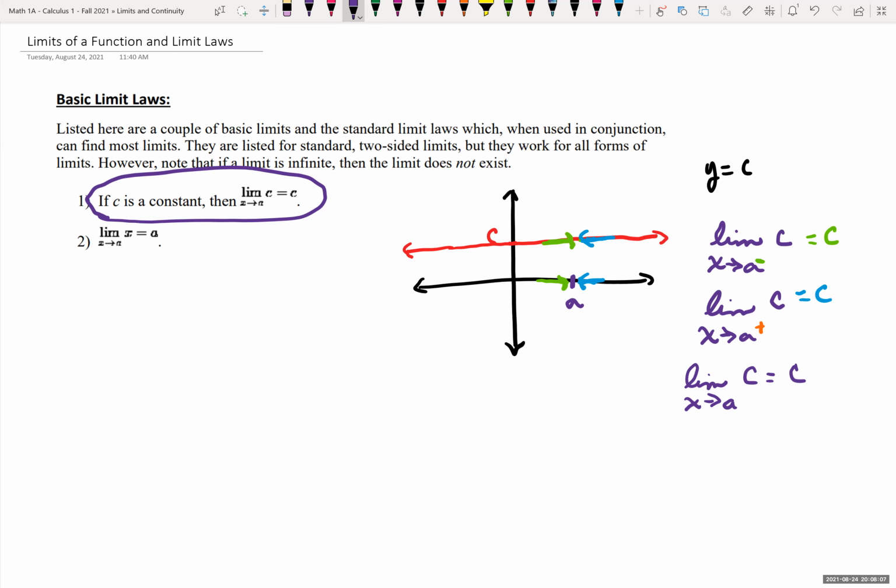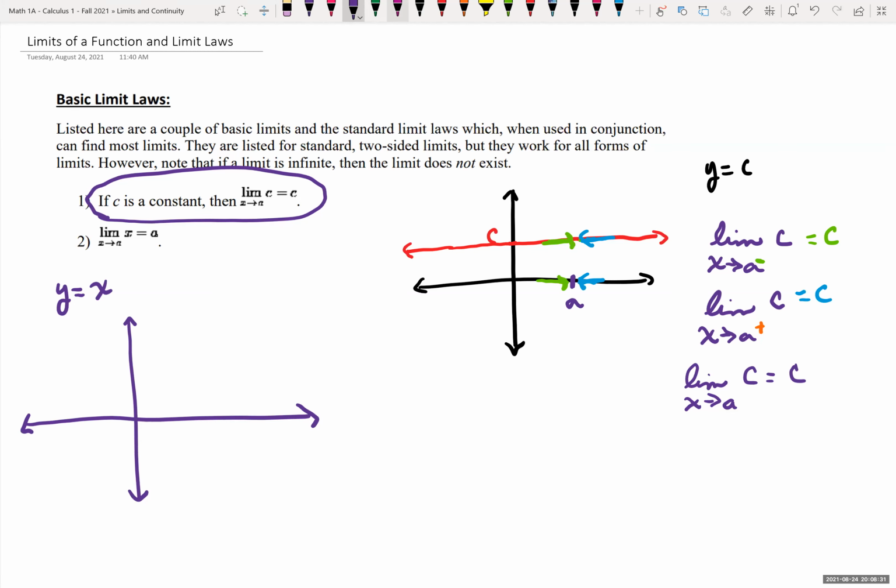So the second case also, if we think about it graphically, makes sense. What the second statement says is if we have some function f of x equals x, or another way to write that is y equals x, and we looked at that graph, right? We would have this diagonal line going through the origin.